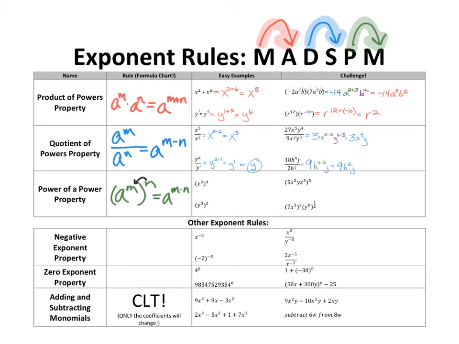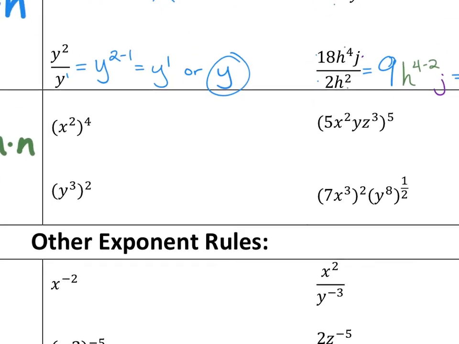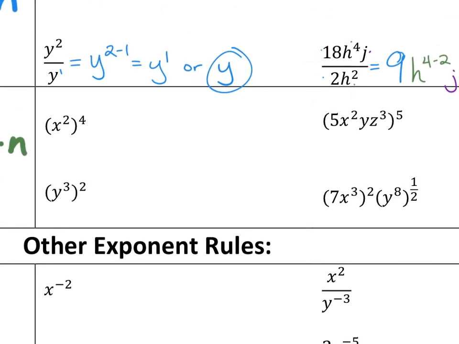This is my favorite because it gets kind of crazy. If we look at some of the early examples, they're pretty easy. x squared raised to the 4th power. All that means is that I'm going to take x squared and multiply it by 4. So this is x to the 2 times 4, which is just x to the 8th. Let's try this other one.